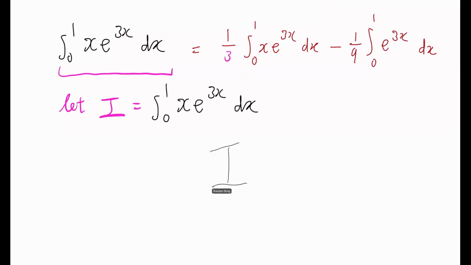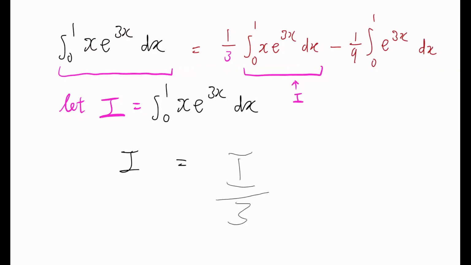It's a common trick, by the way. You realize what the repeating thing was? This part here also equals I. So you're left with I equals 1/3 times I minus 1/9 times that integral.